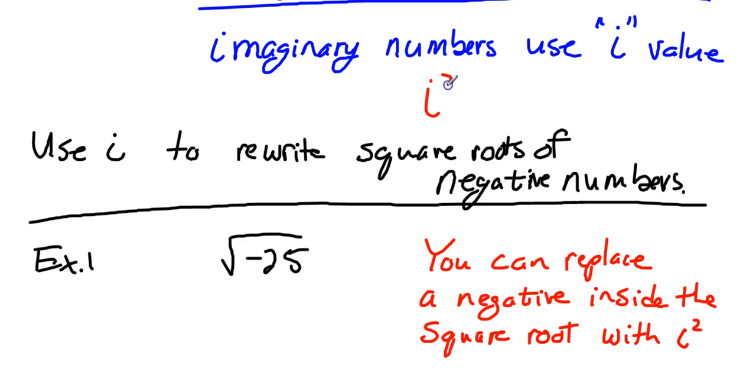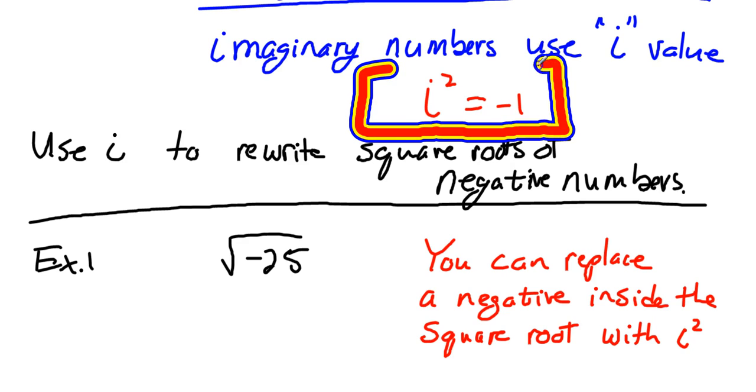And the whole big thing that this section, chapter 10.8, looks at is that i squared equals negative 1. They're going to reuse that over and over and over when we go through all the parts here.